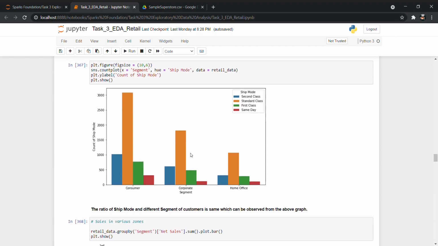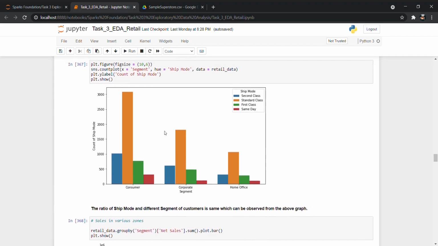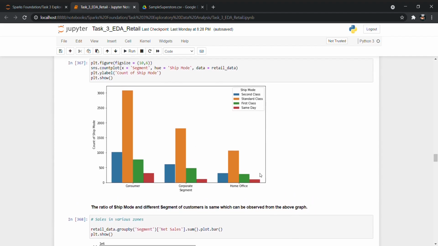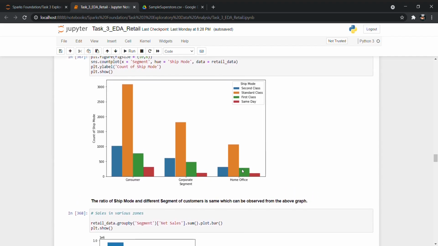In this plot you can see various segments and the ship modes, count of ship modes in those particular segments. They are in ratio but are in increasing order.